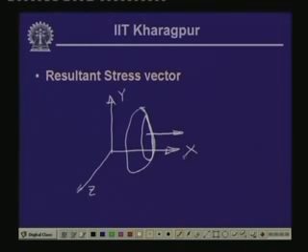As we had defined last time, for any plane, when we draw the normal to that plane, and if that normal coincides with any of these axes, we designate that plane with the name of that axis. Here we have cut this body through a plane parallel to the yz plane, so the normal onto this section is parallel to the x axis, and thereby we designate this plane as the x plane.